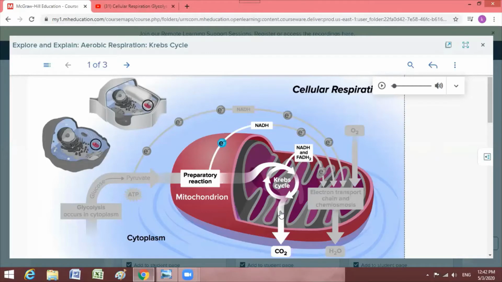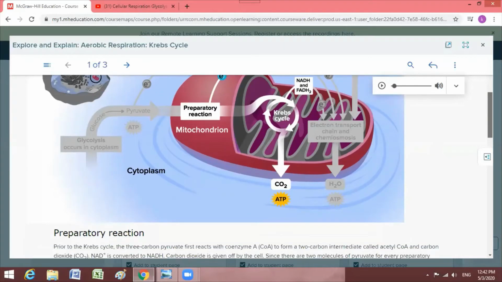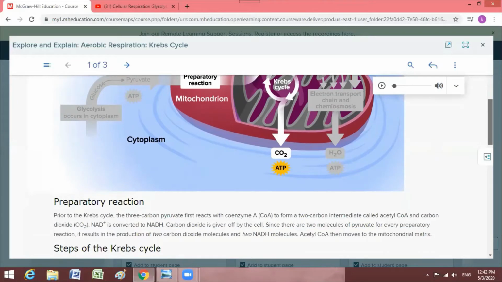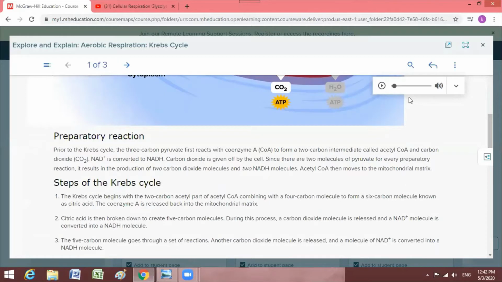We enter the Krebs cycle. Each acetyl-CoA enters the Krebs cycle. Always keep in your mind we had 2 pyruvate, that means 2 acetyl-CoA. Preparatory reaction prior to the Krebs cycle.